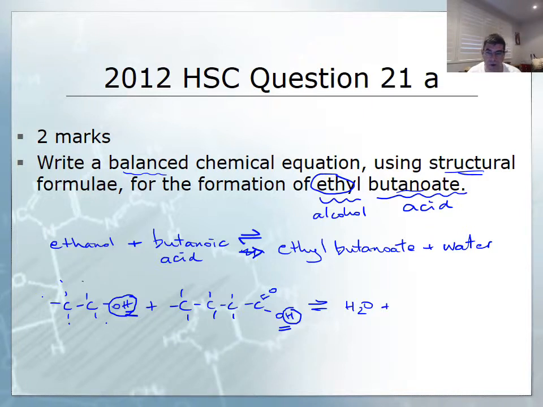And then the other product, which I'll draw just below that, is our ester. I'm going to start here, so I've got 1, 2. And then when I come further across, I'm going to lose the OH here, but I'm going to have an O here. And if that's where it's being lost from, that's where the bond is.